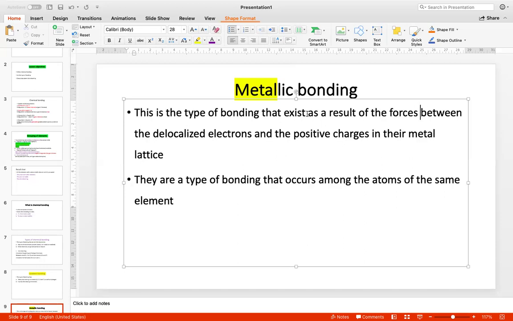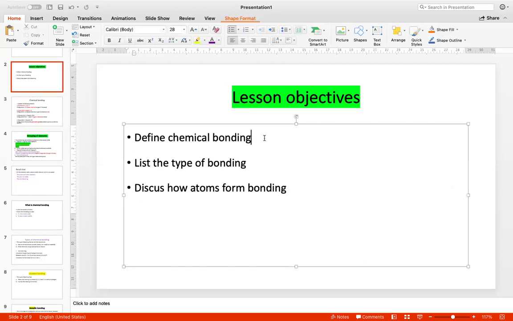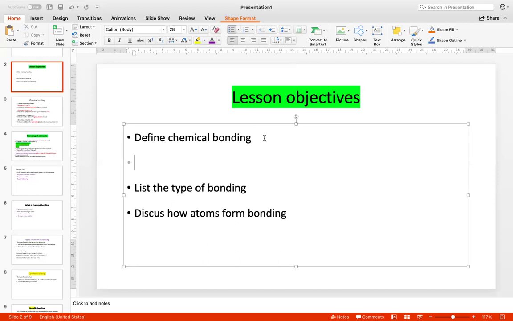So this is where we can end today. Few moments later, we are going to look at how this bonding takes place. So let's go back to our objectives. Are we able to define chemical bonding? Yes, we did. Have we explained why atoms form bonds? Yes, we have. Have we listed the types of bonding?